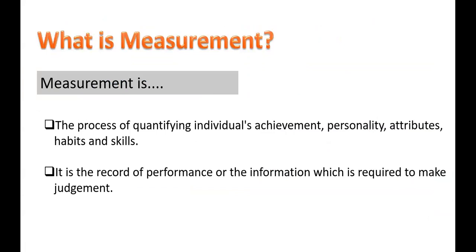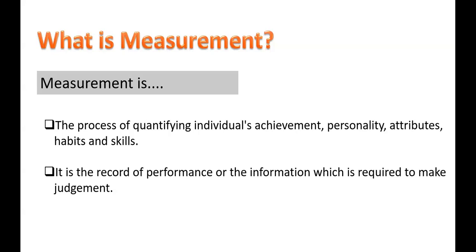Measurement is the process of quantifying individuals' achievement, personality, attributes, habits, and skills. It is limited to the quantitative description of an attribute, that is, it represents the objective aspects of evaluation, and measurement takes place when a test is given and a score is obtained.